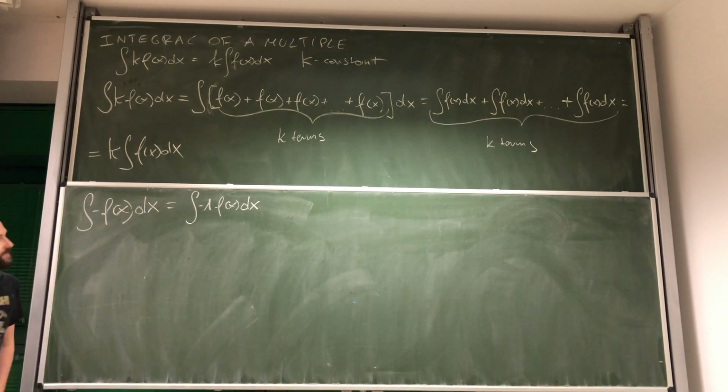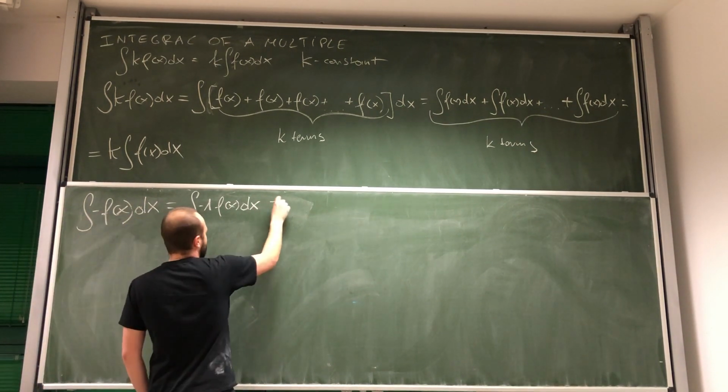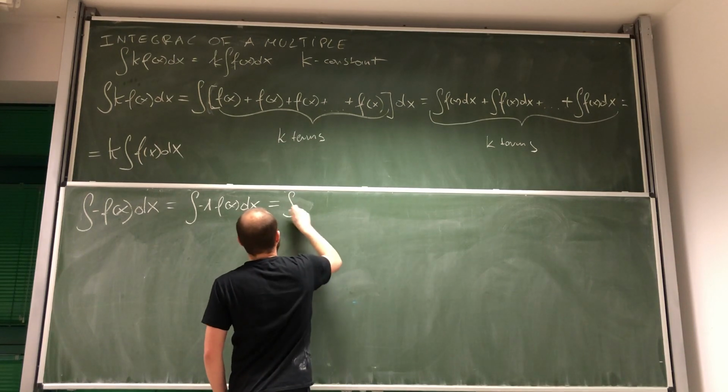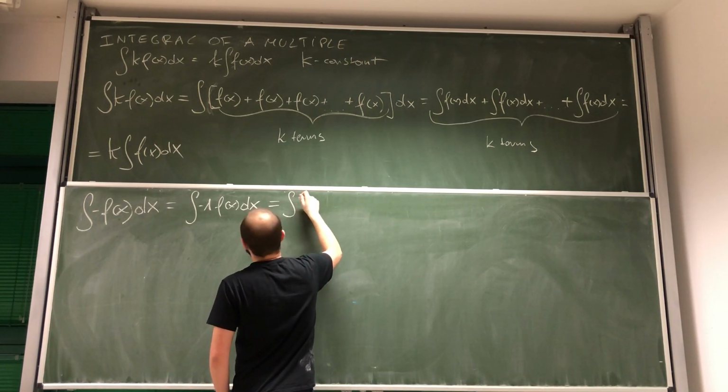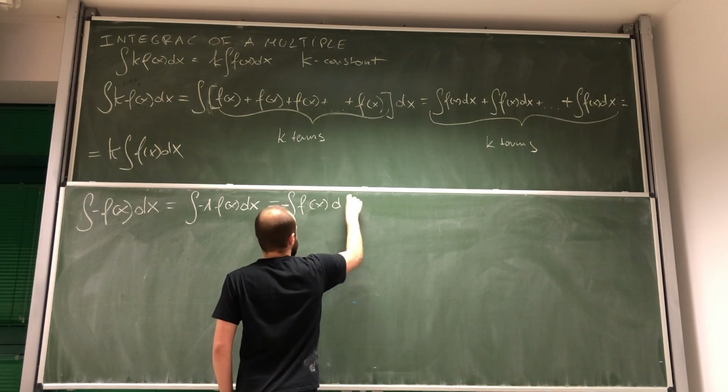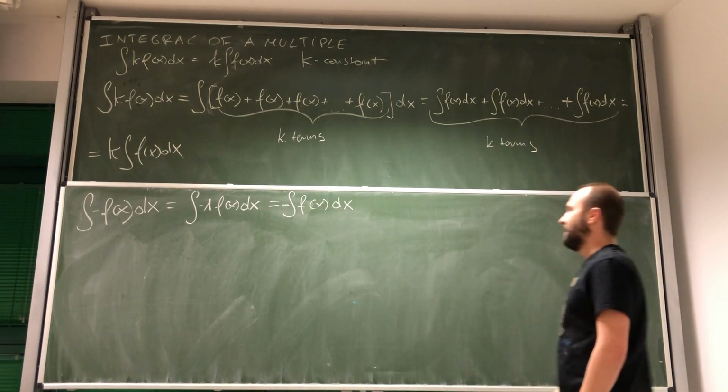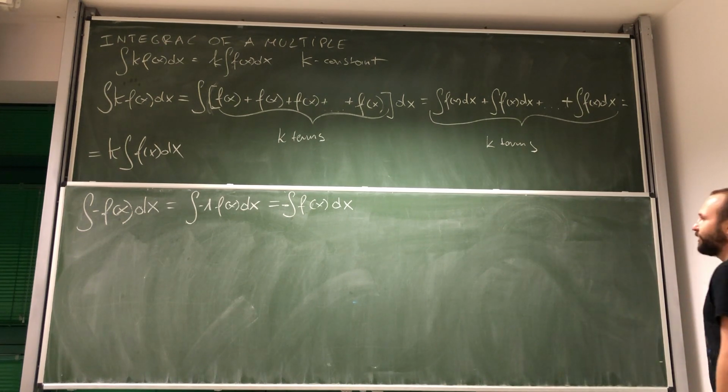So look, I can take this negative 1 out of the integral, and I'm going to get minus integral f of x dx. Okay, this is very useful.